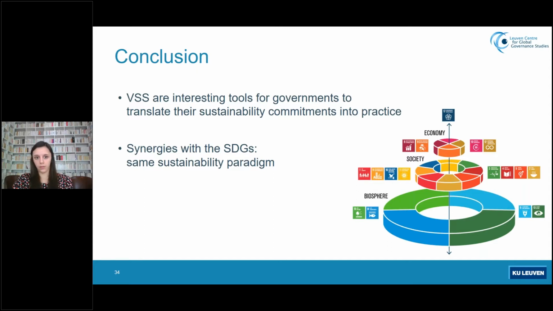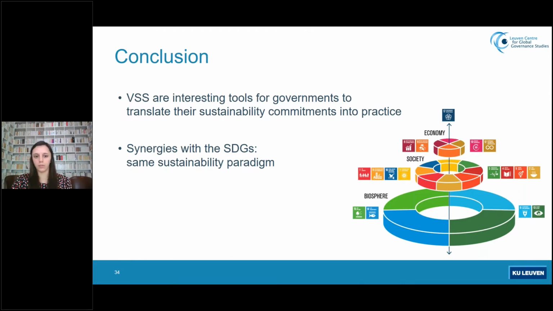They are therefore very interesting tools for governments to translate their own sustainability commitments into practice, and we see that they are increasingly used by governments for this purpose.